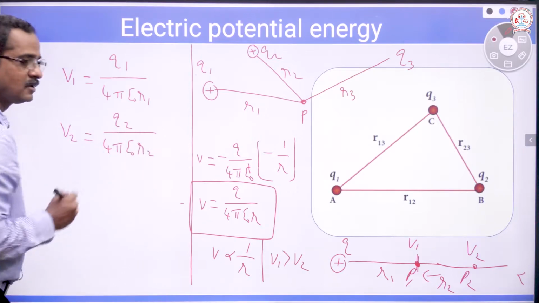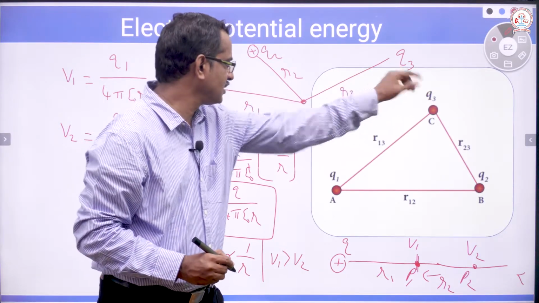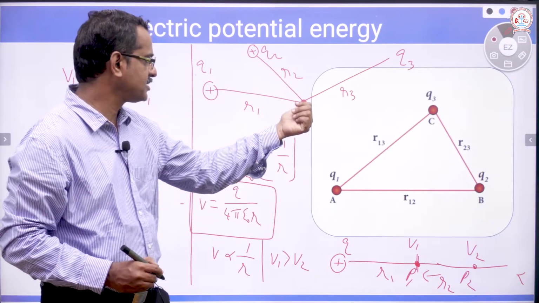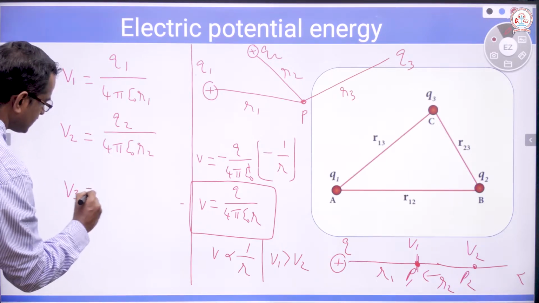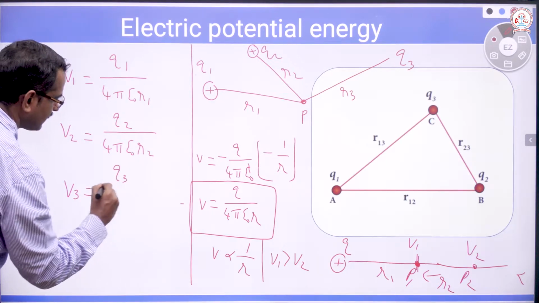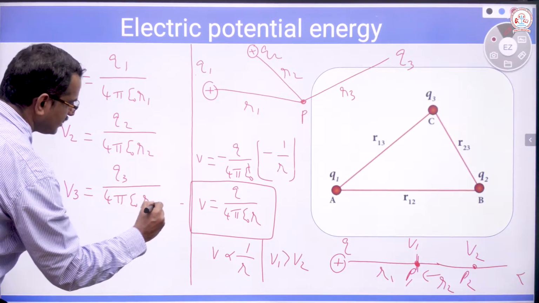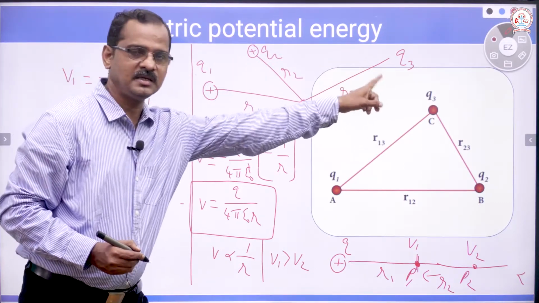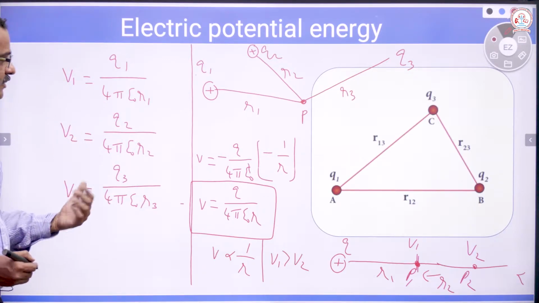For the charge Q3, V3 is equal to Q3 divided by 4 pi epsilon naught R3. Q1 at R1, Q2 at R2, Q3 at R3 from this point. So we are calculating V1, V2, V3 because there are 3 charges.